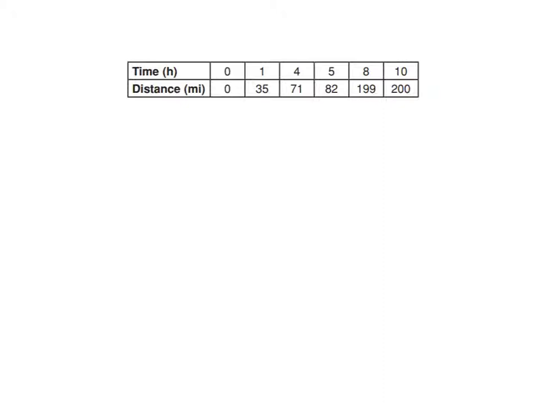So the bottom of our ratio is going to be time. The dependent variable, or the thing that you calculate at the end, is the y, and so that's distance. So our rate of change is going to be distance over time, or if we want to use units, and Mr. Fawcett will want us to use units, we're going to do miles per hour.